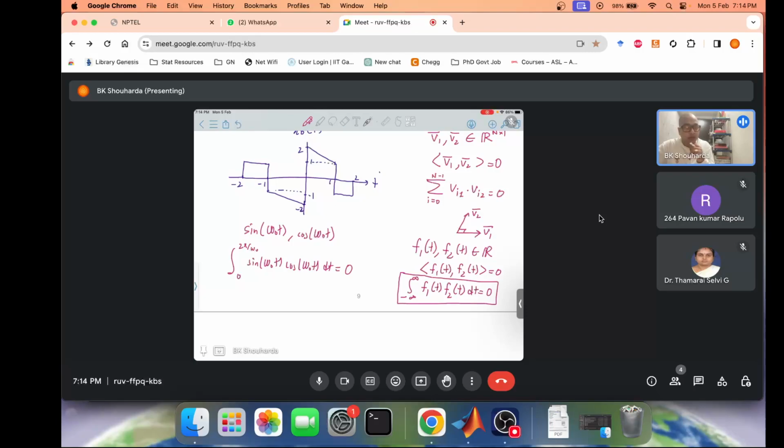Remember, when you learned vectors, your fundamental vector space axes i cap, j cap and k cap were something called the orthogonal basis.